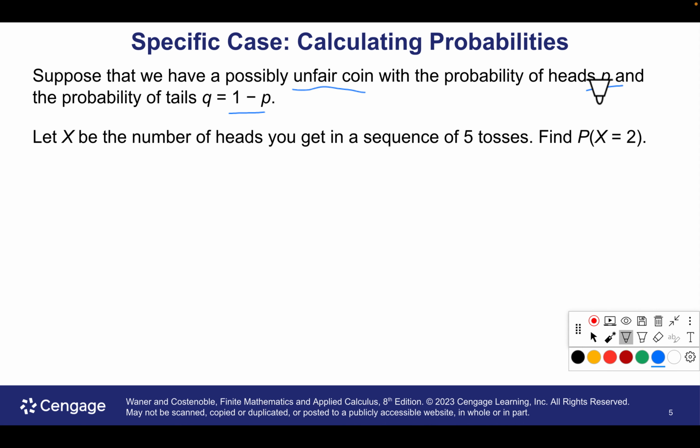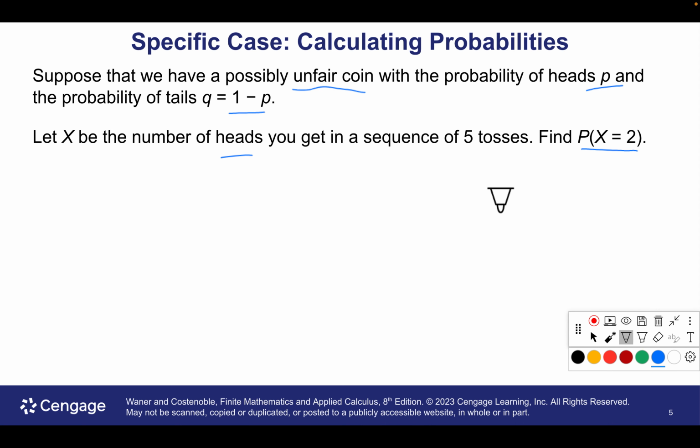What we're going to do is take X to be the number of heads you get in a sequence of 5 tosses, 5 flips. So we're going to flip this coin 5 times, and every time we get a heads, we count that as a success. Then we're asked to find what we would get if X equals 2.